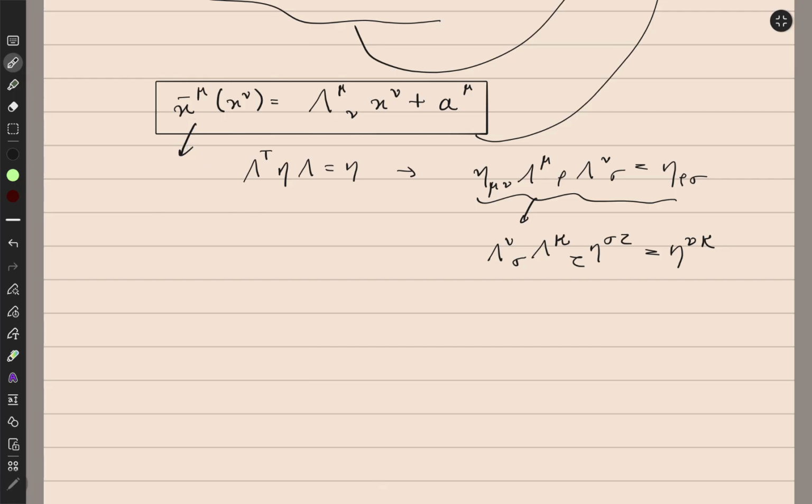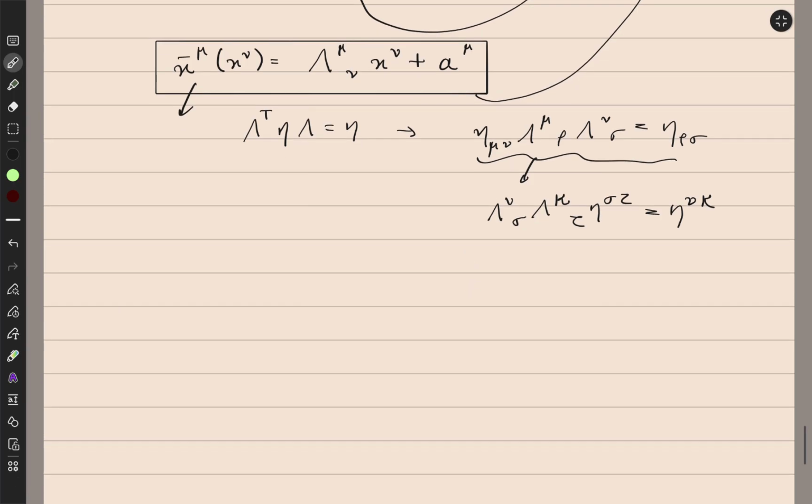Let's look at what happens when we have two Lorentz transformations in a row. Suppose you have transformed twice, let's call it double bar x^μ. That would be some transformation Λ bar^μ_ρ, with this sort of structure, but here instead of x we will have the single transformed x̄^ρ plus some constant ā^μ, and then I can expand that one.